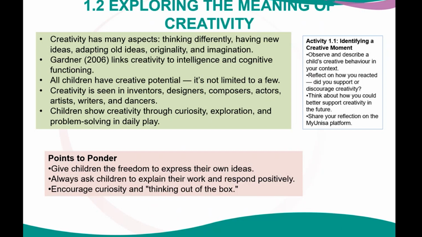So this story highlights some essential aspects of supporting creativity in early childhood. Firstly, it is a good example of sound early learning strategies. Allow and give children the freedom to draw what they think is relevant and appropriate. Secondly, always ask children what they have made and listen. You listen and react positively. Don't shut them down.